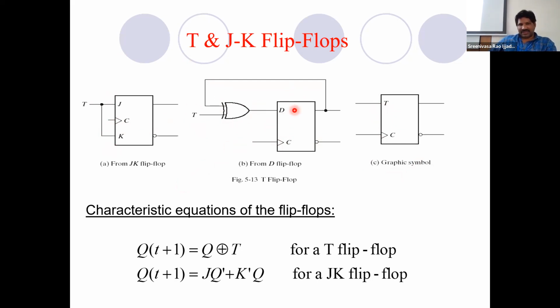T can be achieved from the D when T and Q are XORed. You will get this one. All three are T flip-flops only: one from the JK, one from the D, and one is the symbol, with clock, Q, Q bar, and T. Got it? Just take a snap.